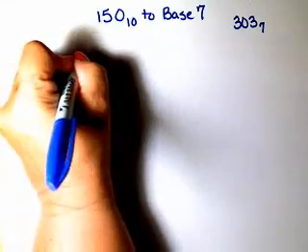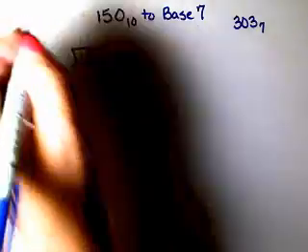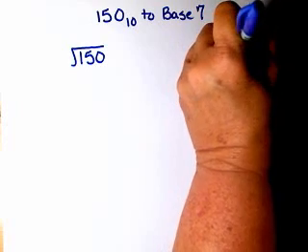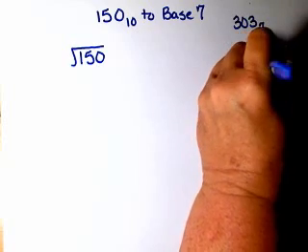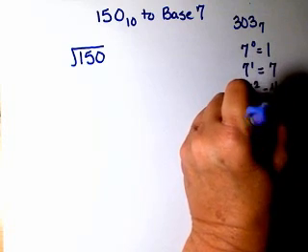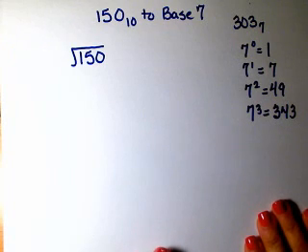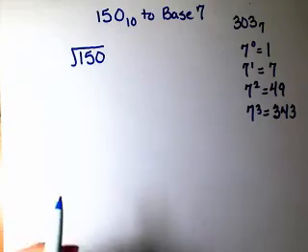We start out with 150, and we're going to be dividing that by powers of 7. 7 to the 0 power is 1, 7 to the first is 7, 7 to the second is 49, 7 to the third is 343, and it truly does work, exactly like what we had before.